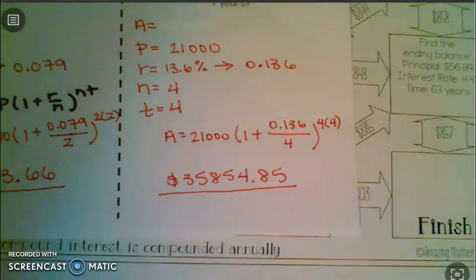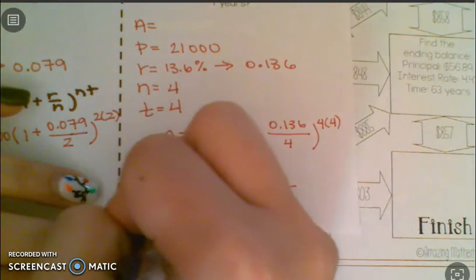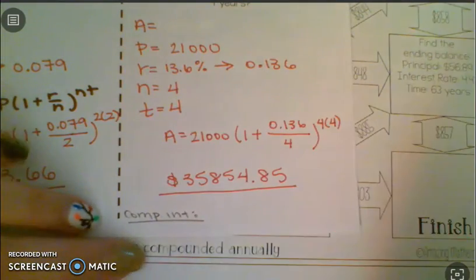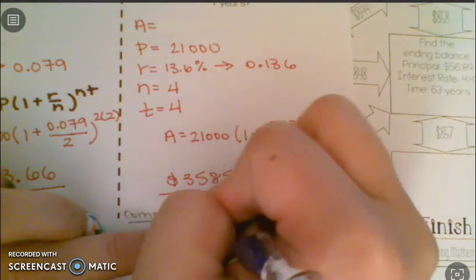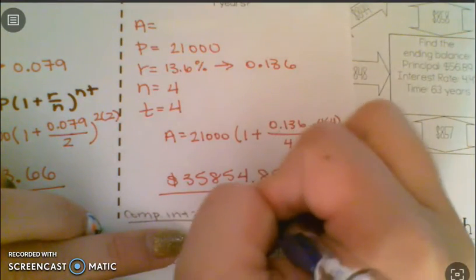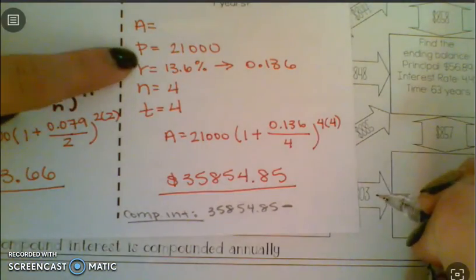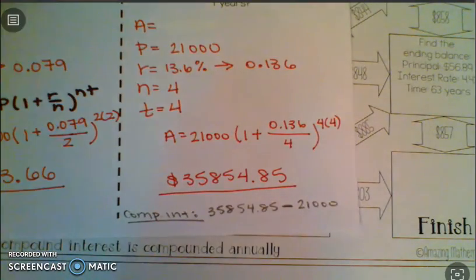So I'm going to change colors. So if it wants the compound interest, you are going to take your amount of money you had and you're subtracting whatever you put into it. So you're subtracting your principal. And that gives you the compound interest.